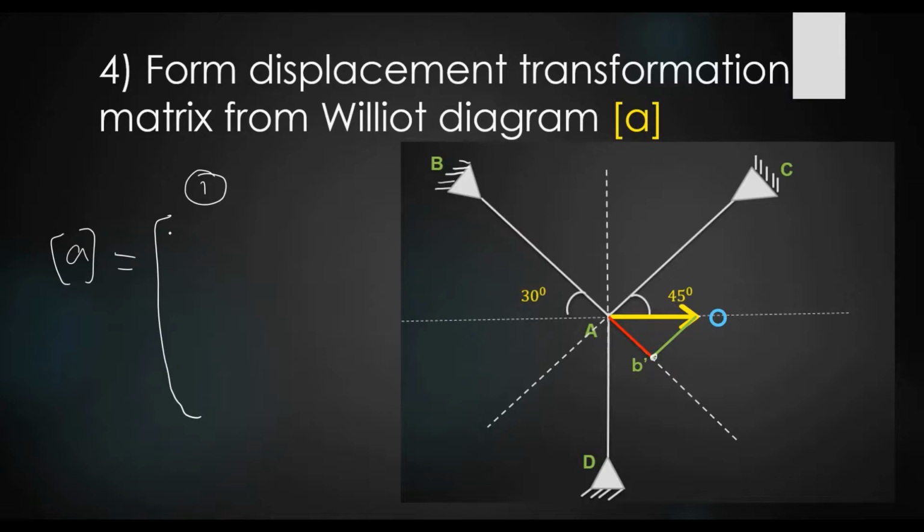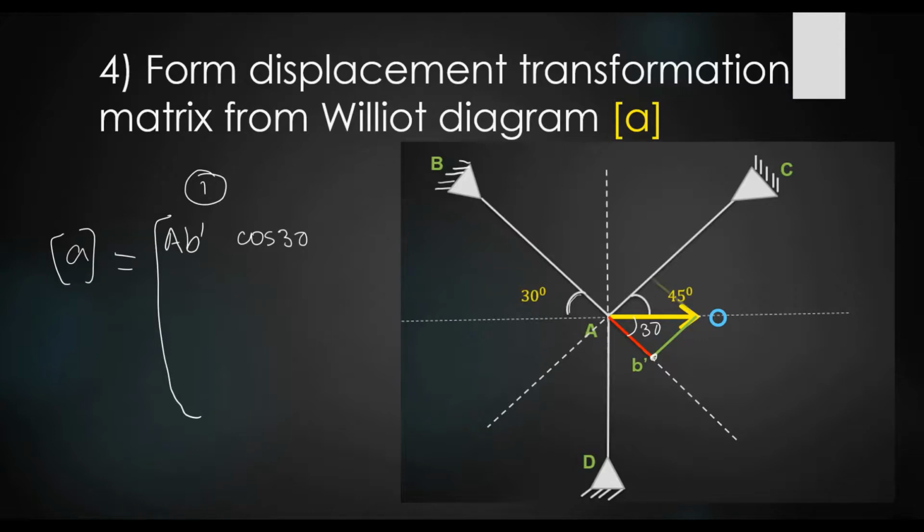Here the distance is AB dash, so I have to find AB dash. From this figure it is clear that if this is 30 degrees, this will also be 30 degrees. So cos 30 is equal to AB dash divided by AO, where AO is 1. So AB dash value is cos 30.